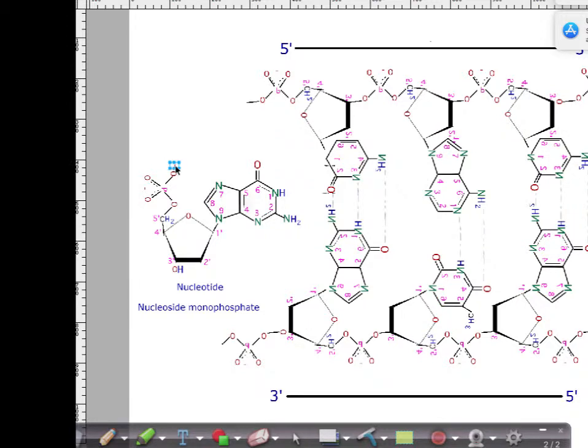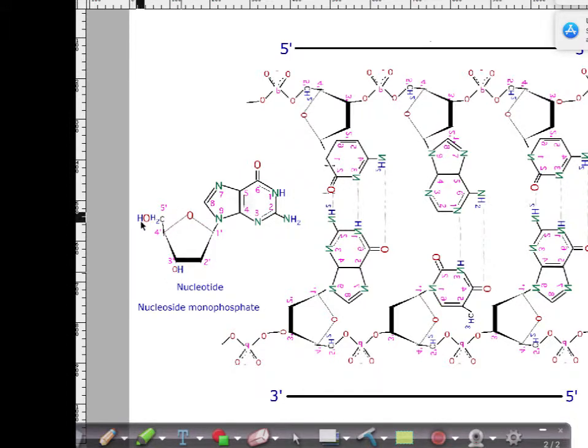So a nucleoside monophosphate, well, what does that indicate? Well, it indicates that the term nucleoside describes just the ribose sugar and the nitrogenous base. So we could actually go ahead and get rid of this phosphate, and this would just be a CH2OH. And so this is a nucleoside.